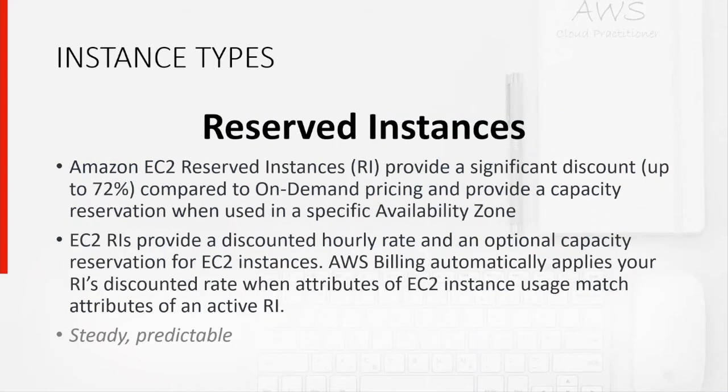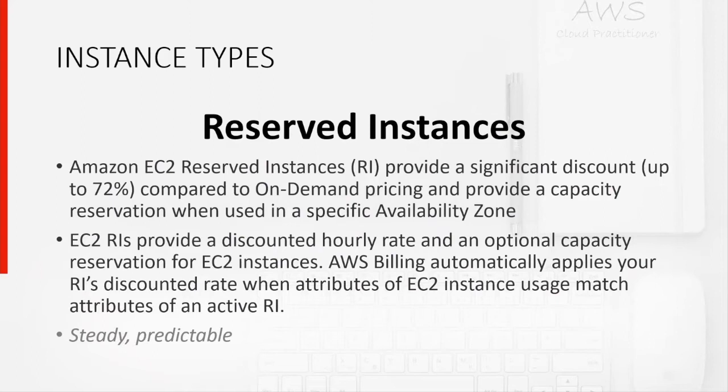So we're going to look at the instance types. First we have Reserved Instances. Amazon EC2 Reserved Instances, or RIs, provide a significant discount, up to 72% compared to on-demand pricing, and provide a capacity reservation when used in a specific availability zone.